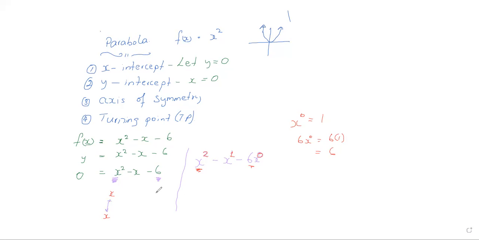If I multiply 3 by 2, I'll definitely get 6. Now, this middle term here is negative, so the bigger number must be negative, the smaller number should be positive.